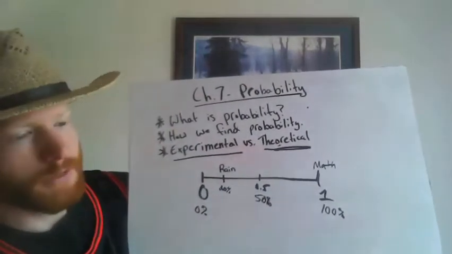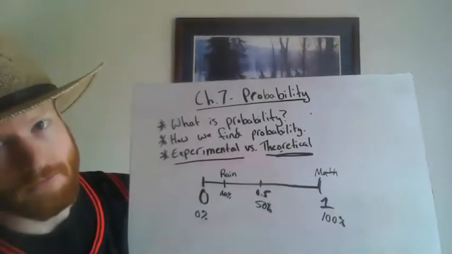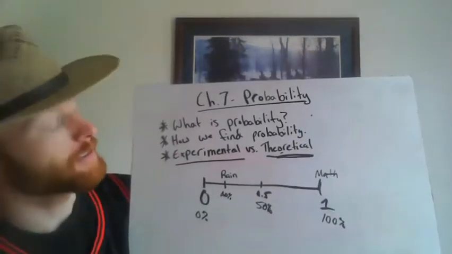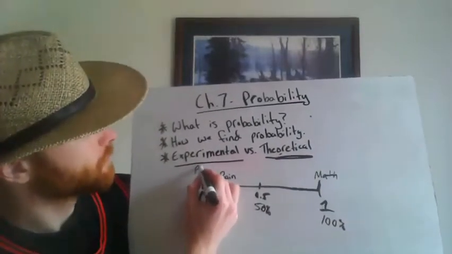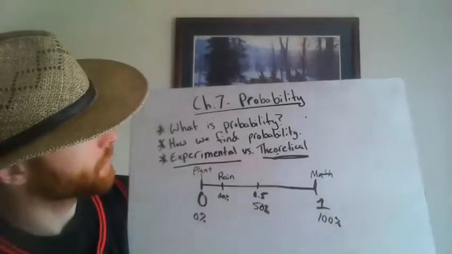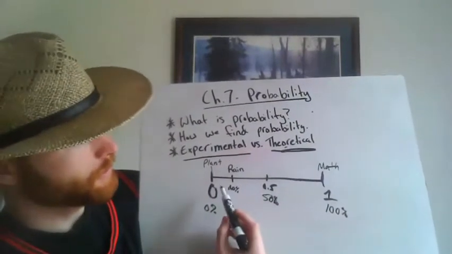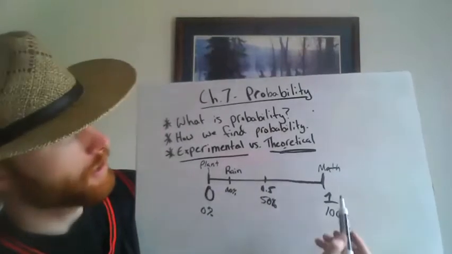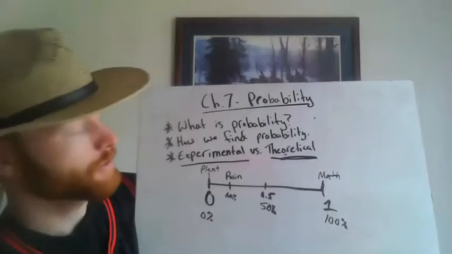And then what's the probability that all the plants in the world are going to turn purple tomorrow? Not very good. In fact, 0%. So, plants. So probability is always between 0% and 100%, and typically it is written as percents.